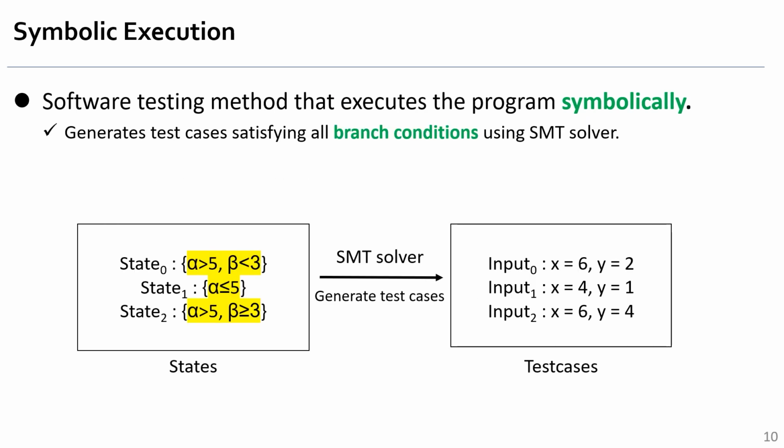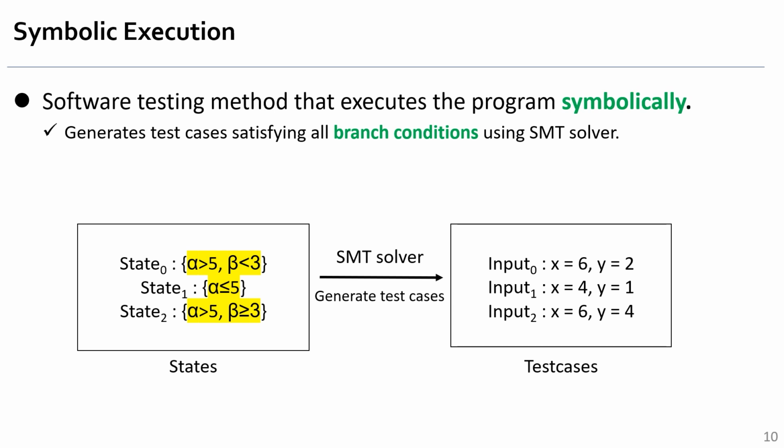In this step, symbolic execution generates test cases satisfying all branch conditions in each state using an SMT solver. For example, state 0 can be converted to x equals 0 and y equals 2. The SMT solver is a technique to find an answer satisfying the given formula, and it is a separate topic, so we didn't include any explanation about it.